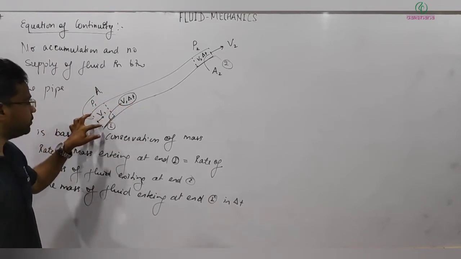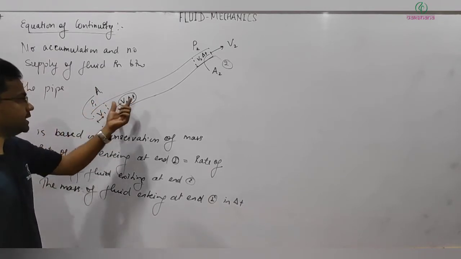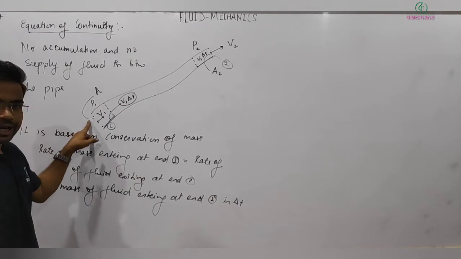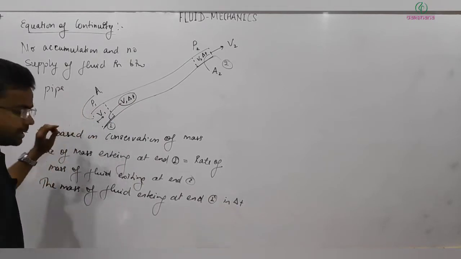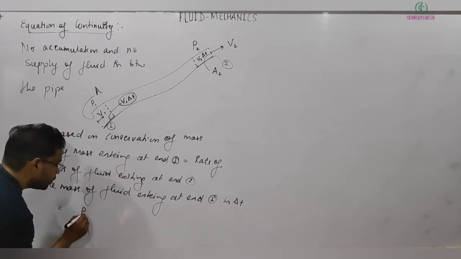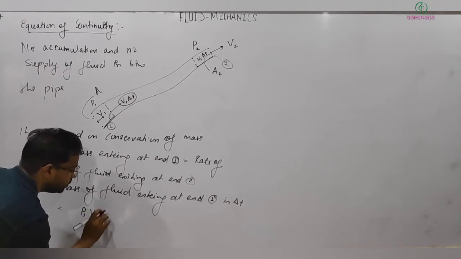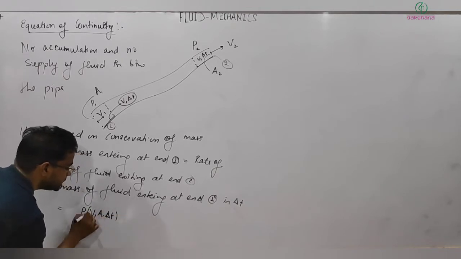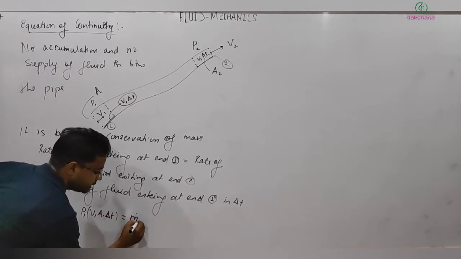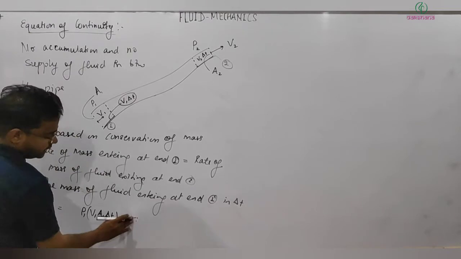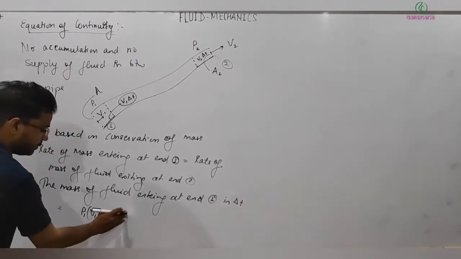Volume will be length multiplied by area, and multiplied by density gives the mass. So that can be written as rho1 v1 a1 into delta t. This is the mass entering in delta t time.